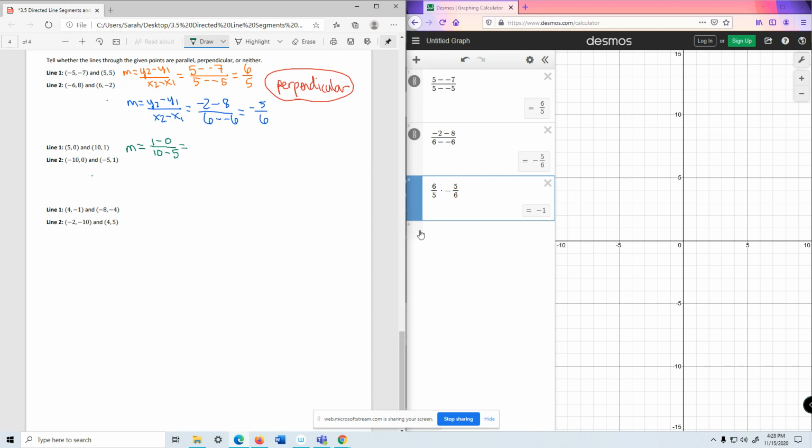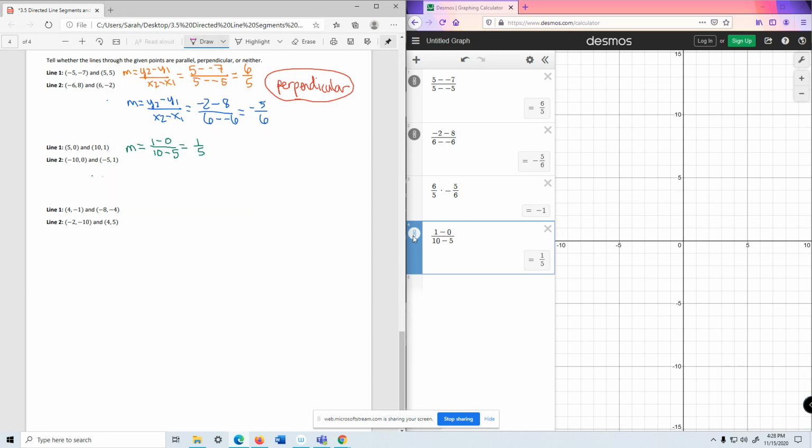And that one would probably be pretty easy to do in your head, but let's do Desmos for practice. Division sign, 1 minus 0 over 10 minus 5 gives me 0.2, but we like fractions better for these. Let's change that into a fraction, and we get 1 over 5.